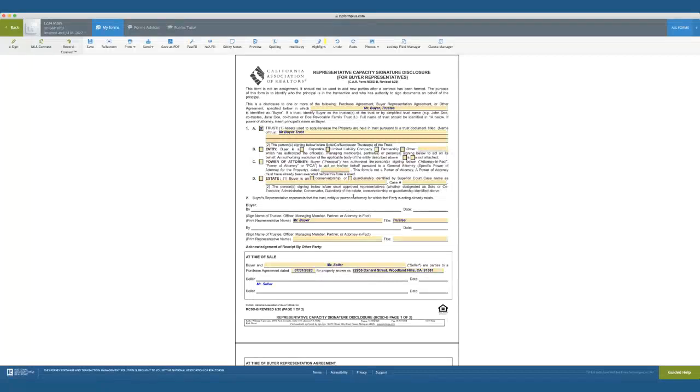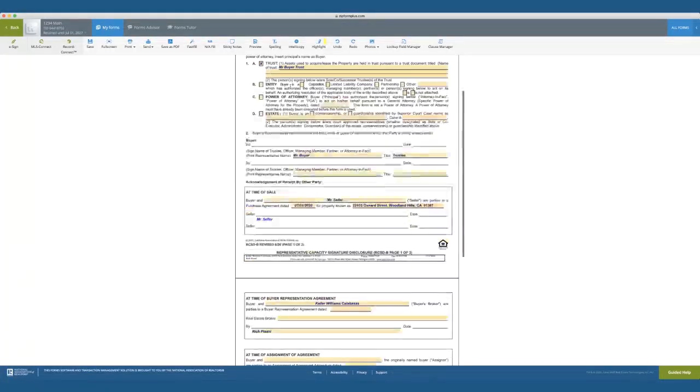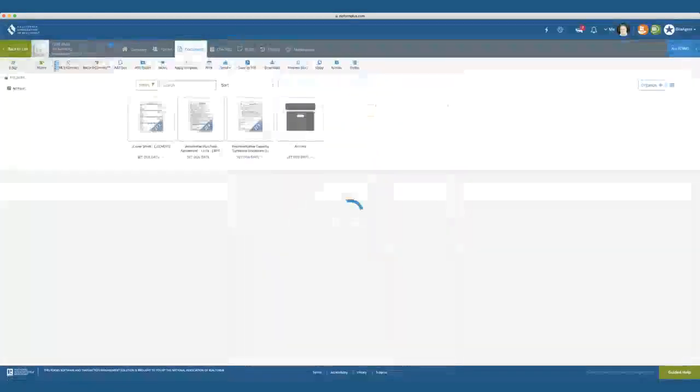So then everything is going to be in the name of Mr. Buyer, trustee. So that's going to be who the buyer is. It's not going to be Mr. Buyer Trust. It's not going to be Mr. Buyer. It's going to be Mr. Buyer, trustee. And he needs to sign as that everywhere. So just know that. That's one thing I wanted to go over.